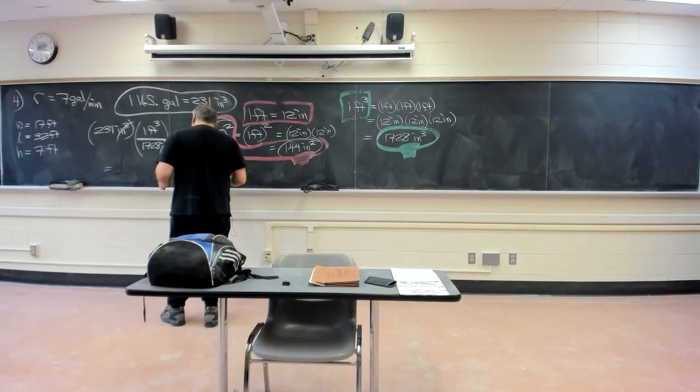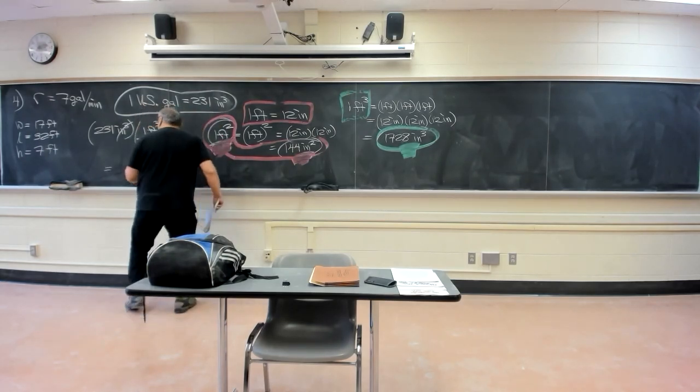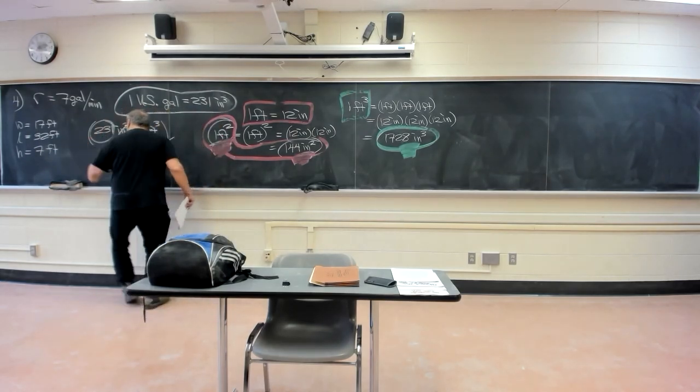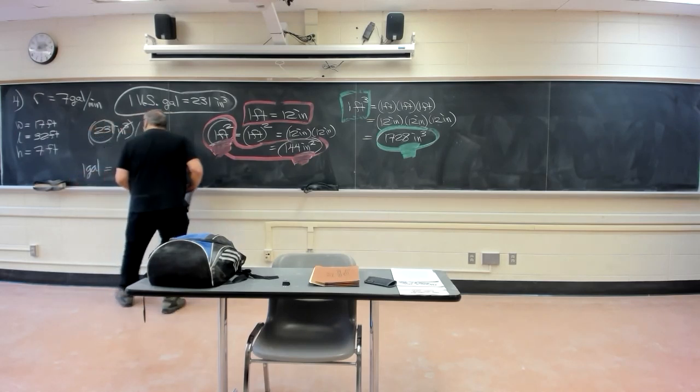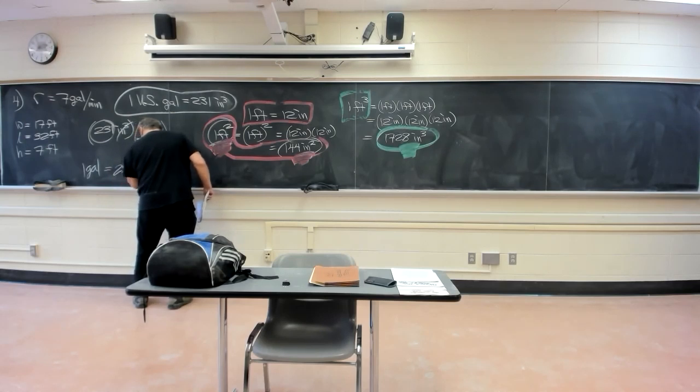So they're saying that at the end of the day, this 231 is 1 gallon. So we're saying that 1 gallon is 231 cubic inches.